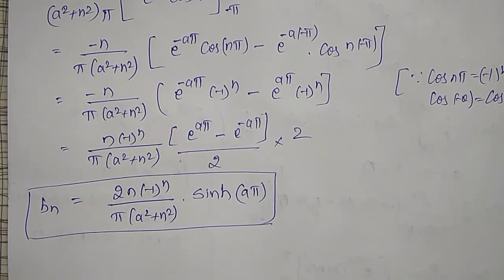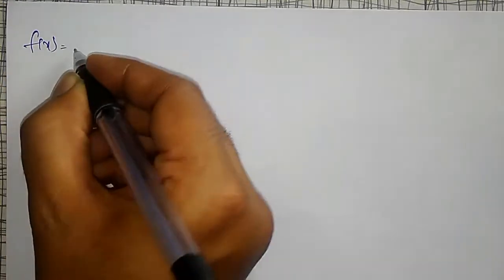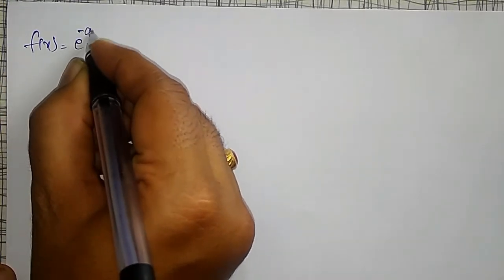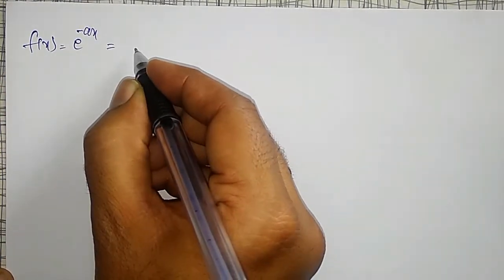Using all these an, bn and a naught, let me write the required Fourier series here. Fourier series is given by f of x is equal to e to the power minus ax, which is equal to a naught divided by 2.